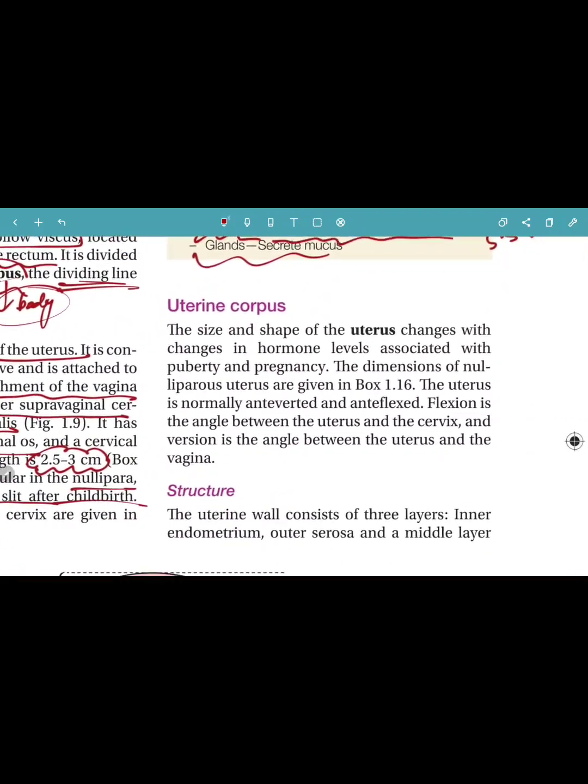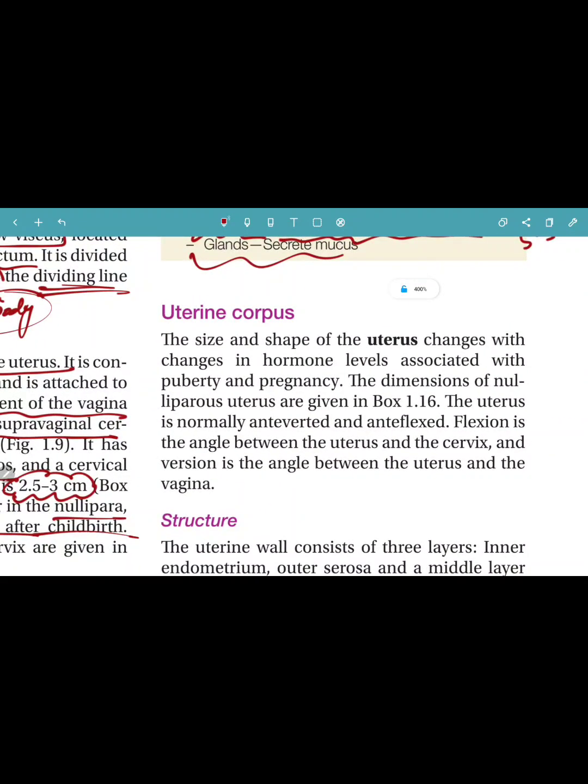Now let's look at the next part of the uterus, which is the uterine corpus. The size and shape of the uterus changes with changes in hormone levels, such as those associated with puberty and pregnancy.